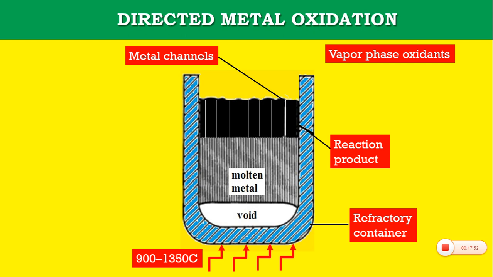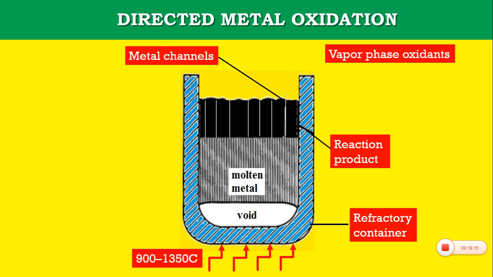As long as the molten metal and the oxidizing gas are available to sustain the process while the temperature is maintained, the reaction product continues to grow at a rate of a few centimeters per day until the desired thickness is obtained.